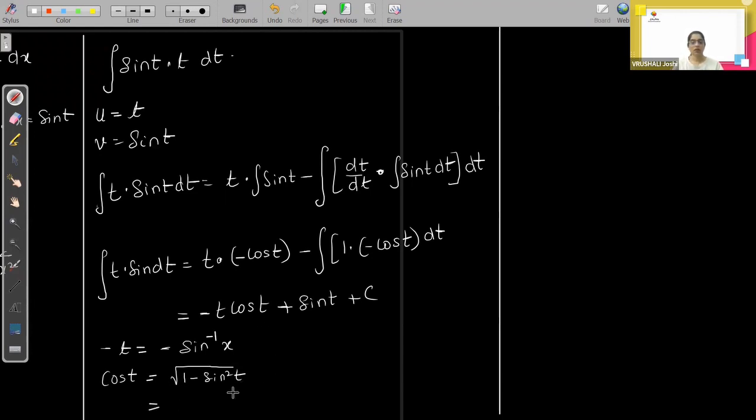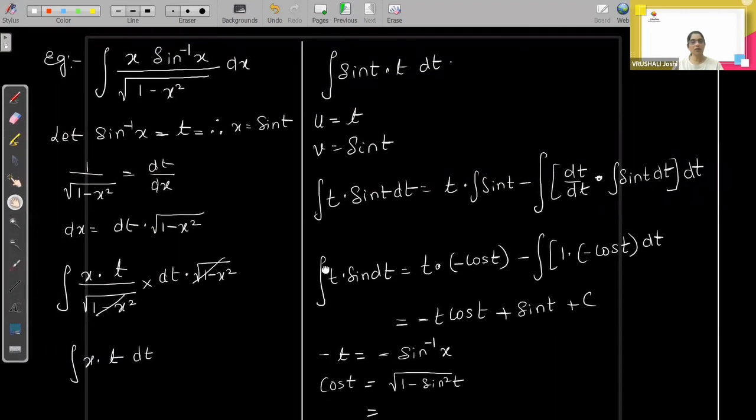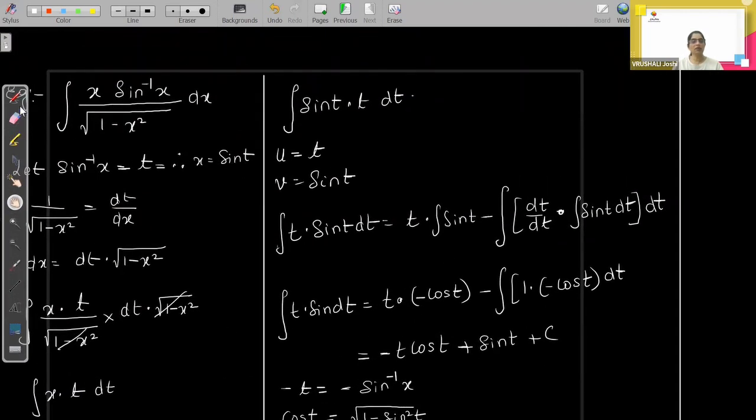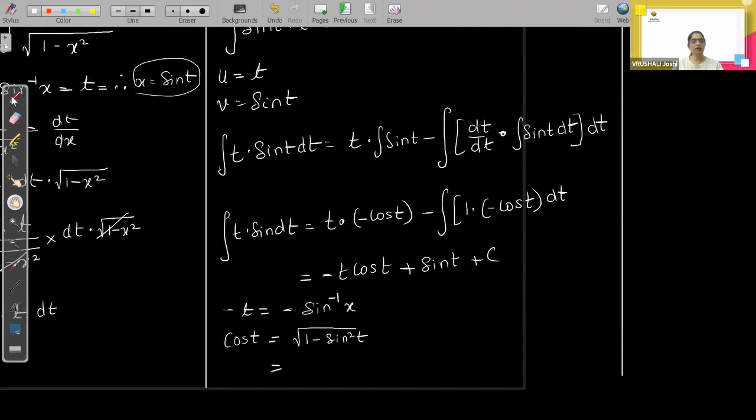Because we have taken sin t is equal to x. Can you see? This sin t is equal to x, that means sin square t will be x square. So we can write cos t as root of 1 minus x square. Getting it?